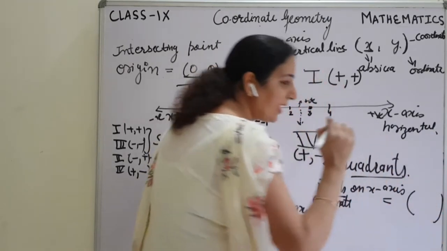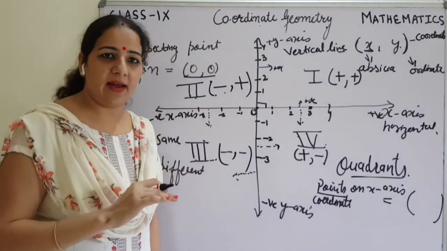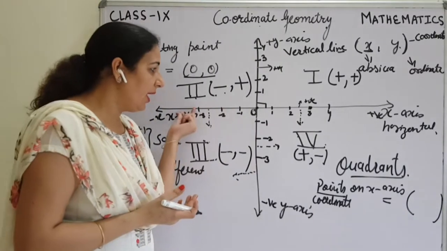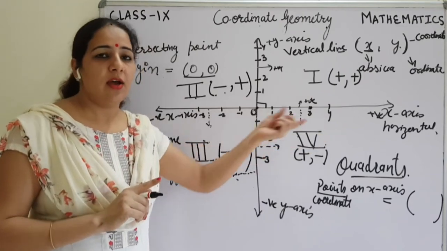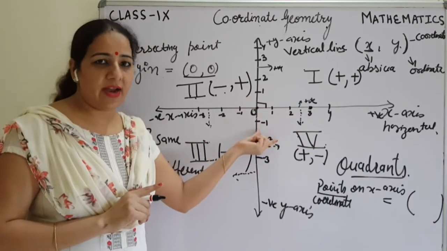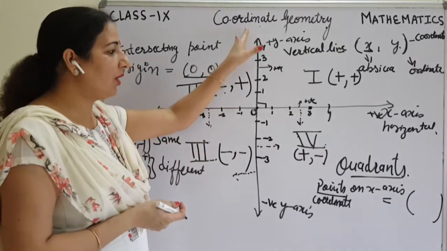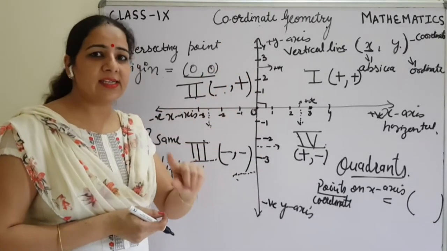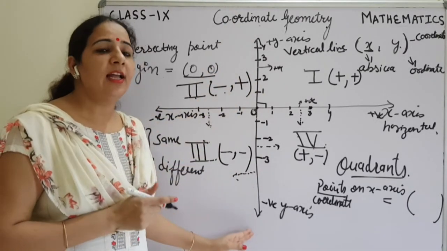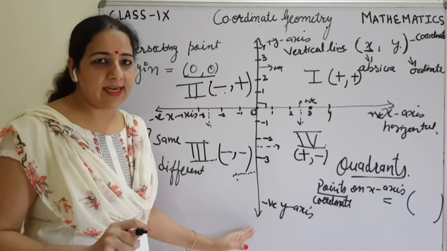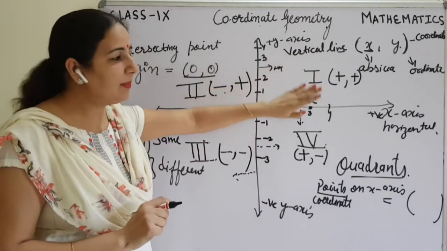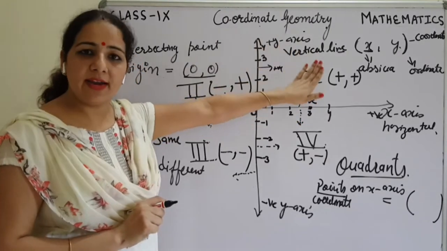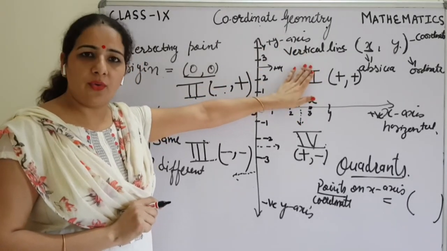See, on the x-axis, x is there, but y is not here. On the x-axis, only x will represent the points. There is no role of the y-axis. And on the y-axis, only y will represent the points. There is no role of the x-axis. But yes, in the quadrants, both x and y will play their role.